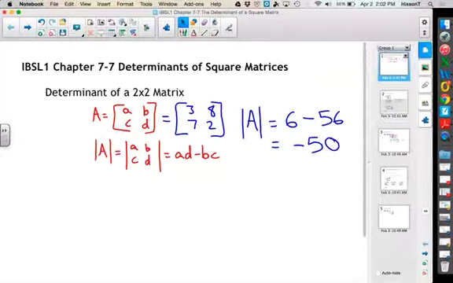We will actually use that in both of the ways we're going to be finding the determinant of a 3 by 3 matrix. For the 3 by 3 matrix, we're going to learn two methods.